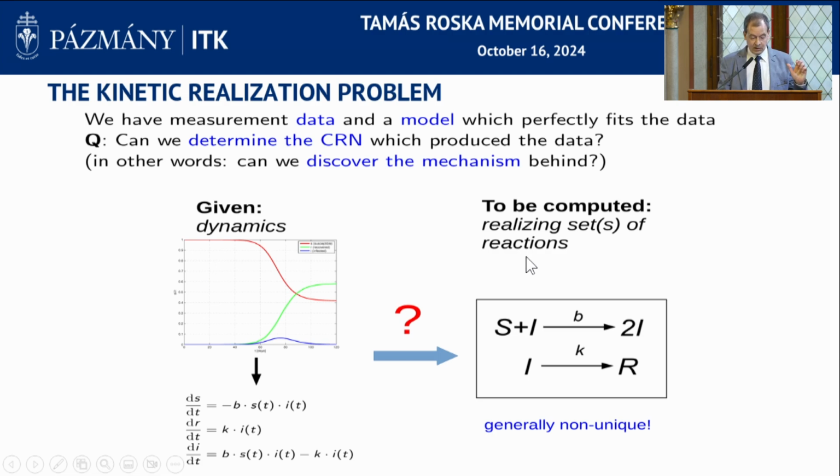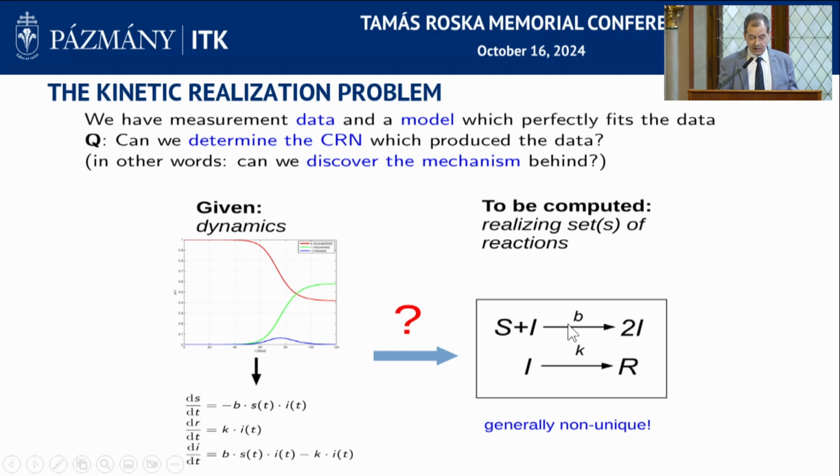Okay, let's reverse the problem. And we have worked quite a lot in this field. Let us assume that we measure the quantities. We fit some mathematical model. First, let's assume that the fit is perfect. And the question is, can we determine the network which produced the data?